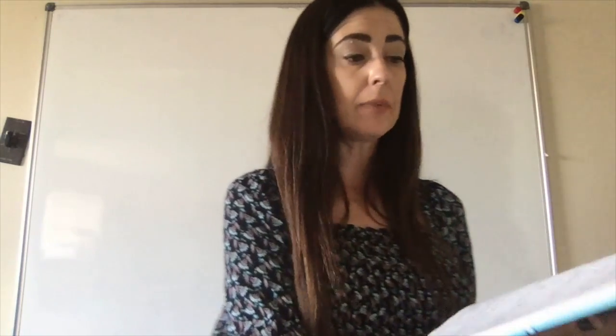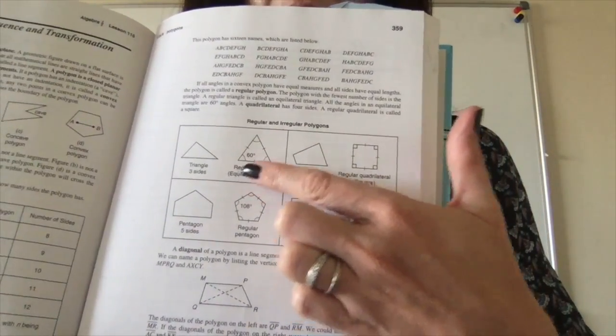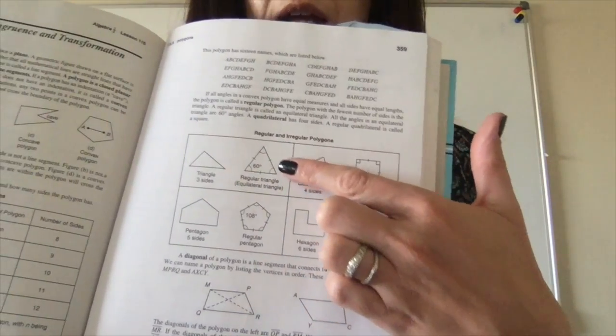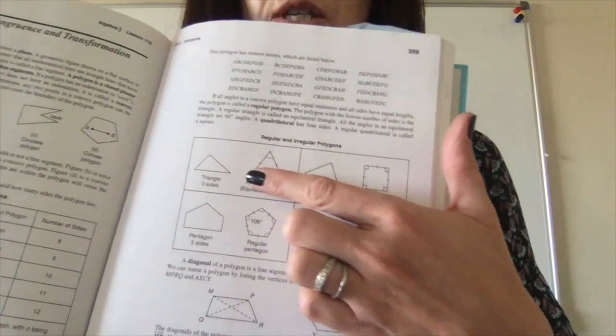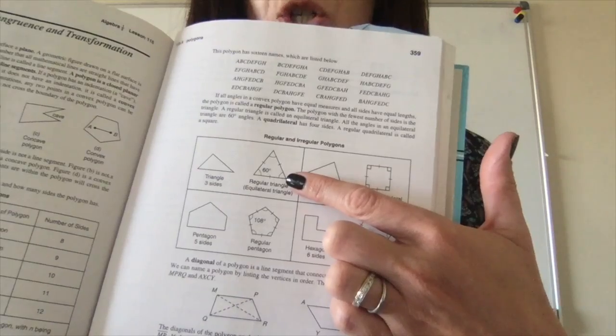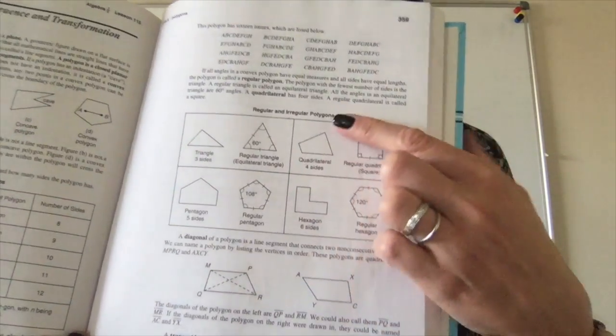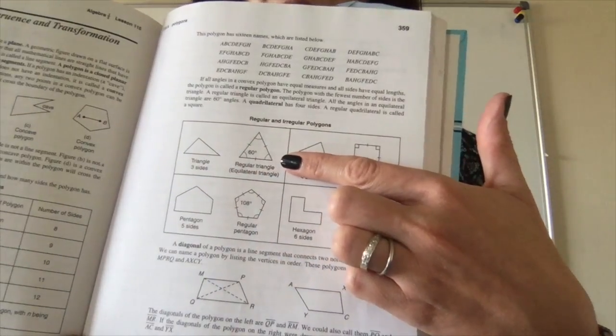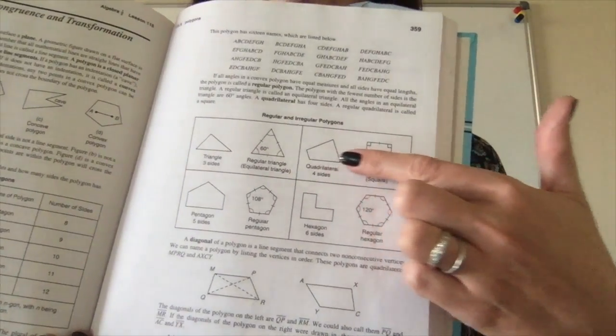The next section talks about regular and irregular. So regular shapes have the same measure, equal lengths, okay? So the length of each of these sides is the same and the measure of each angle is the same. So these are both triangles. This one is irregular, this is regular. These are both quadrilaterals.